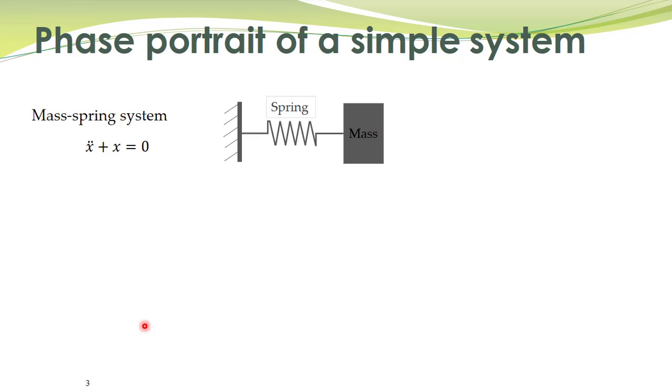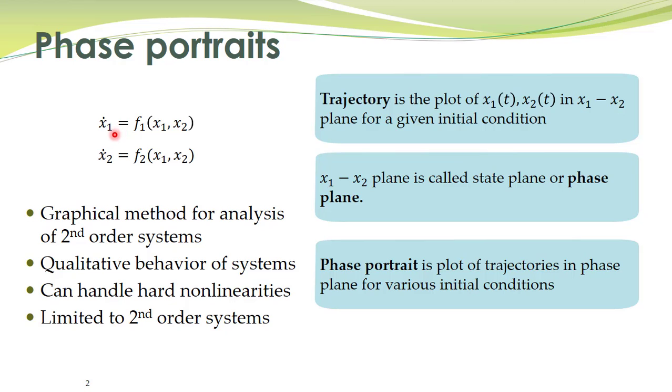Just to describe these phase portraits, let's consider a second order system. It is the equation which describes this mass and spring system, and this equation is in the same form as that studied in the previous slide.